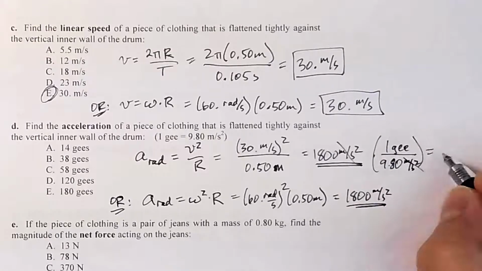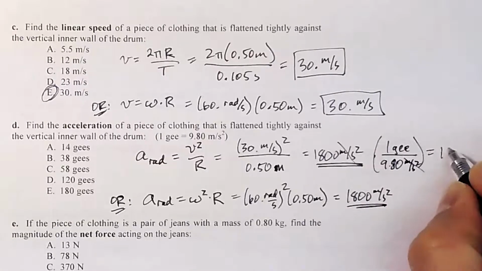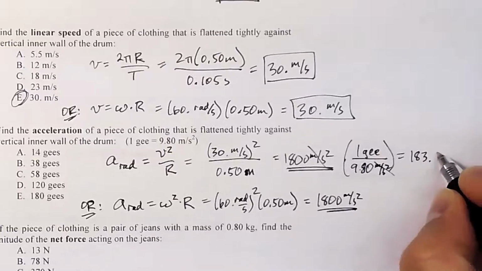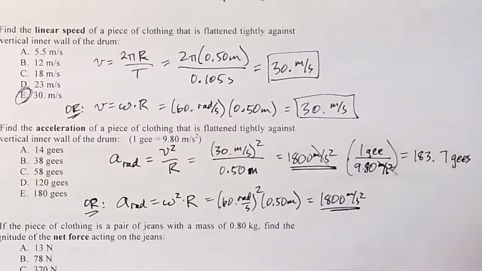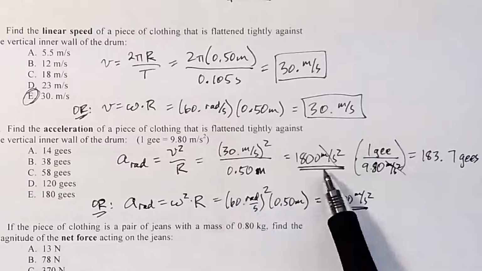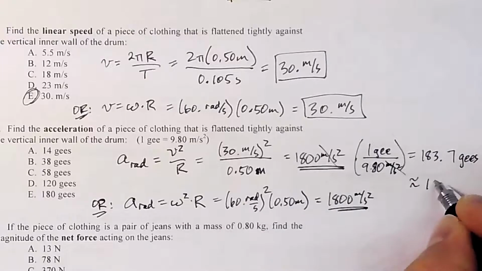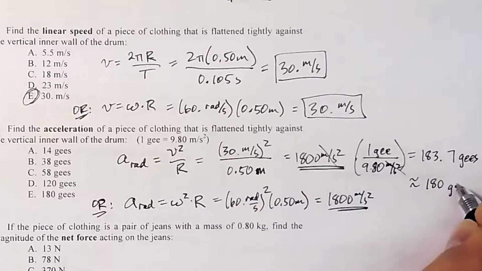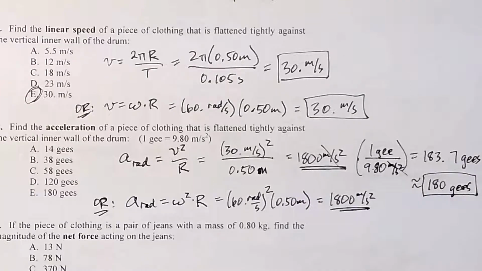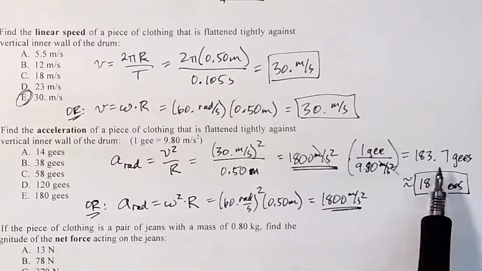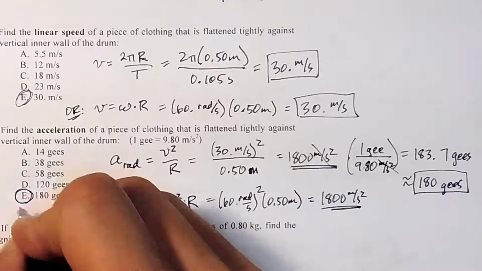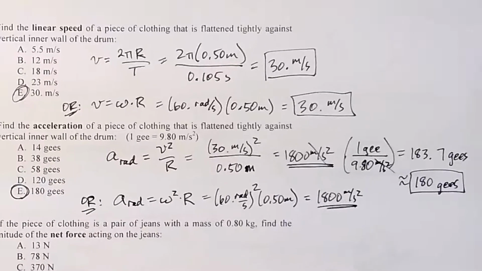So converting our meters per second squared into G's, we get about 183.7 G's. And looks like it's a 2 sig fig problem, so I guess we'll chop that back down to 2 sig figs. So no matter which formula we use, we should be able to arrive at that same answer, 180 G's.